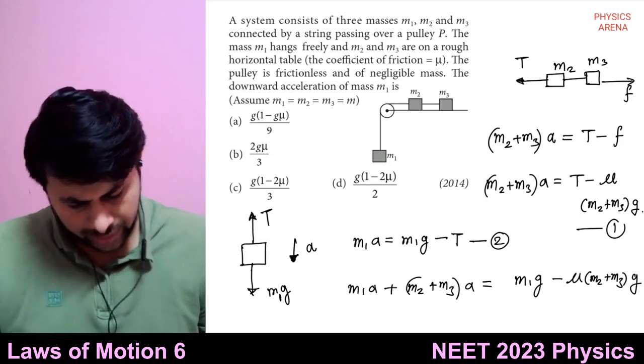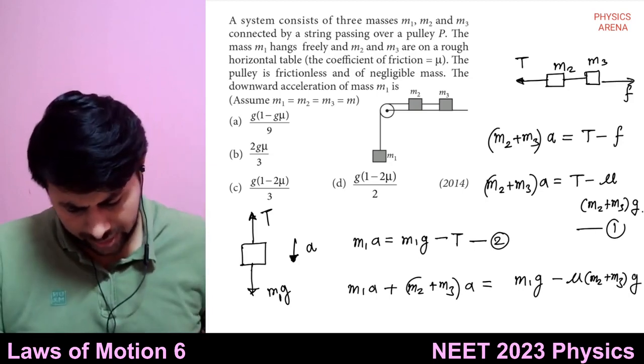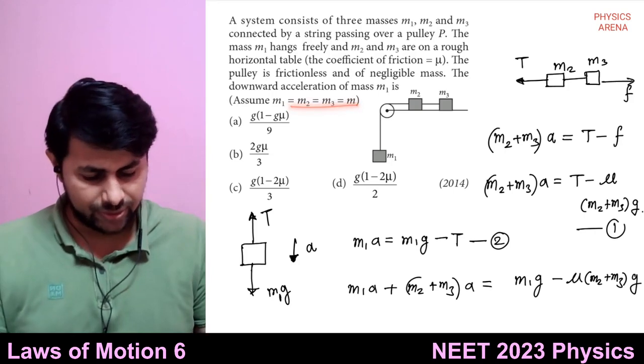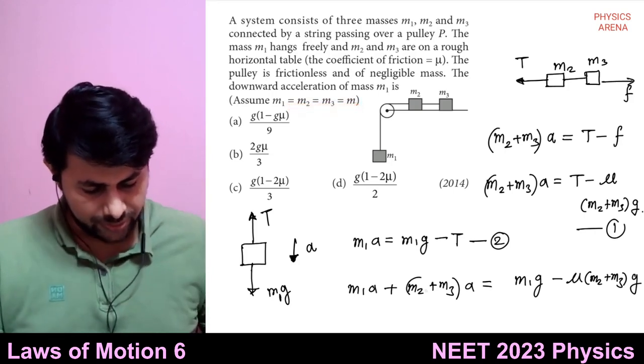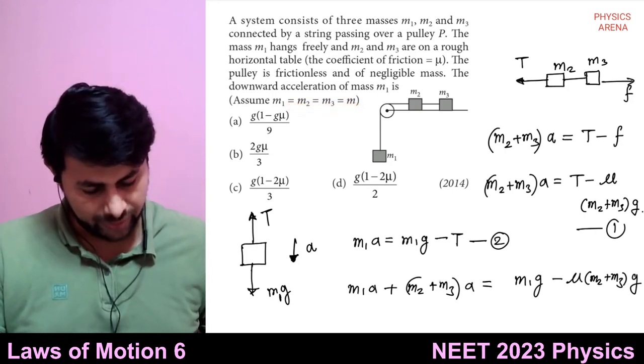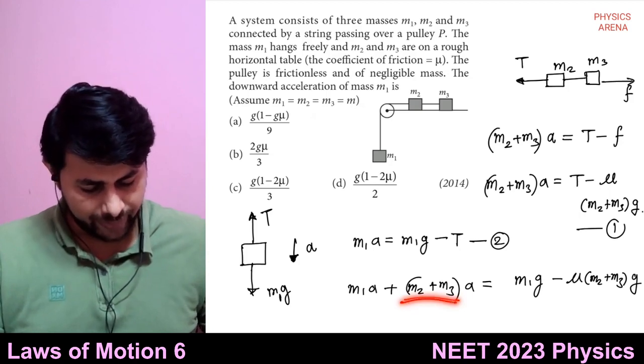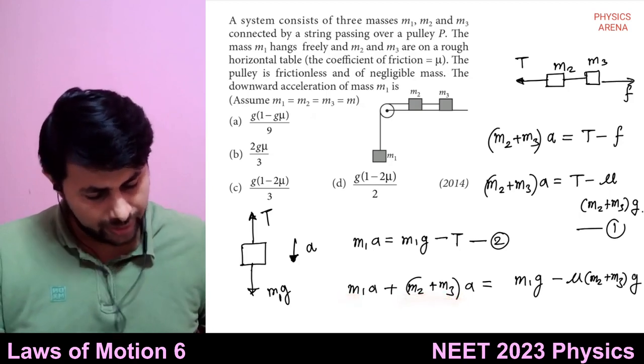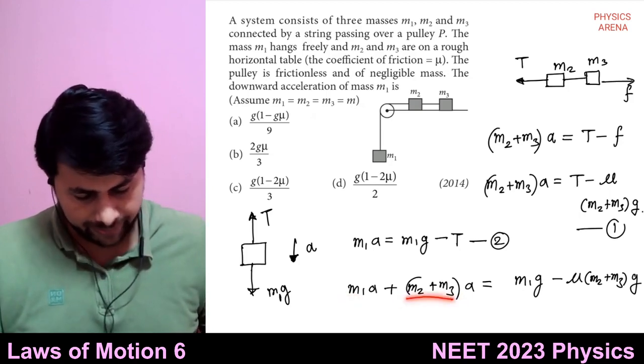Okay, and all the masses are equal, so you can substitute that also. So m2 plus m3 will be what? 2m. Okay, this is equal to m.